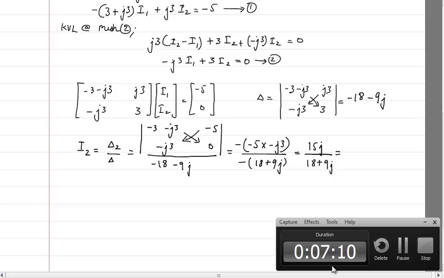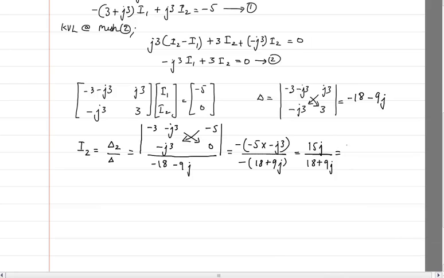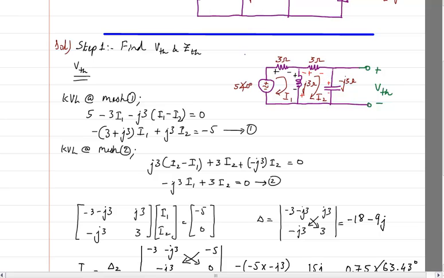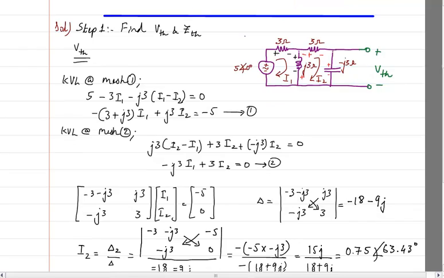Okay, the answer of which will be 0.75 with an angle of 63.43 degrees. So this is our I2, and we know that VTH is basically I2 into minus of J3.